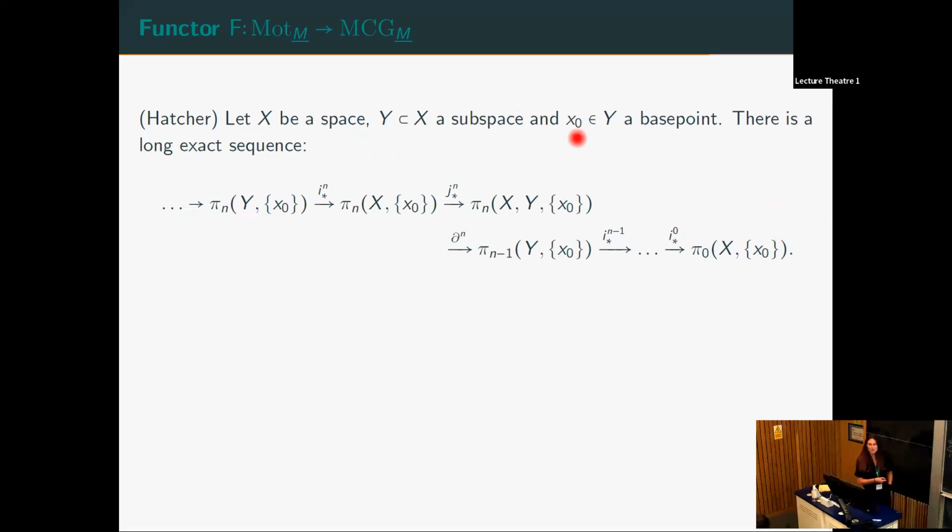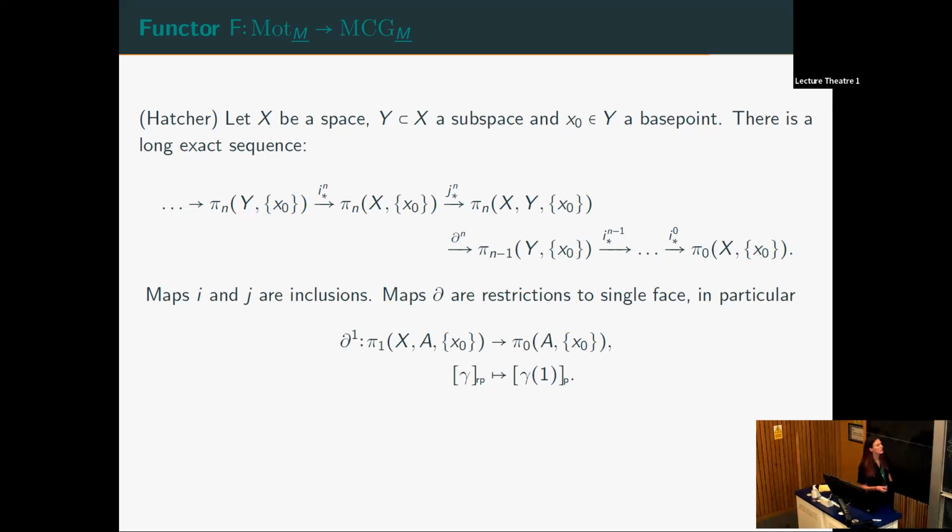Now, what do the maps look like in this long exact sequence? So the i and the j maps are just inclusions. The only one that's a bit more complicated is this partial map, but we're really only going to need the bottom end of this sequence, so I'm just going to say what this is in the d1 case. So the relative fundamental group of x with respect to A is these paths which start at x0 and end in A, up to relative path equivalence.